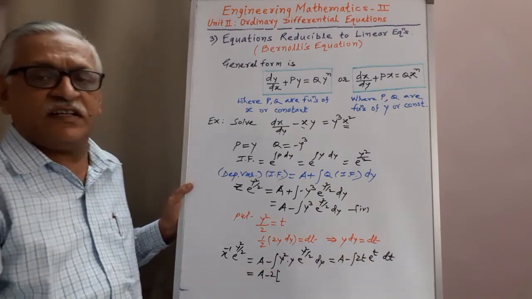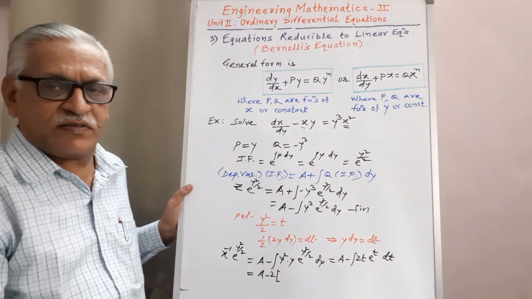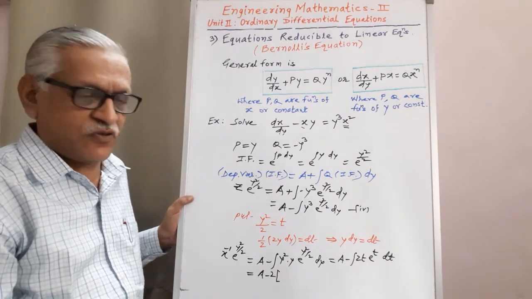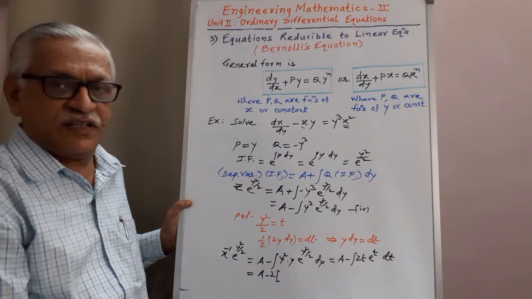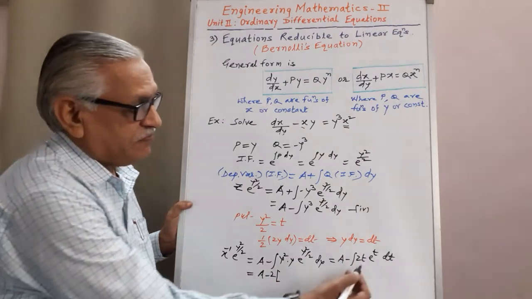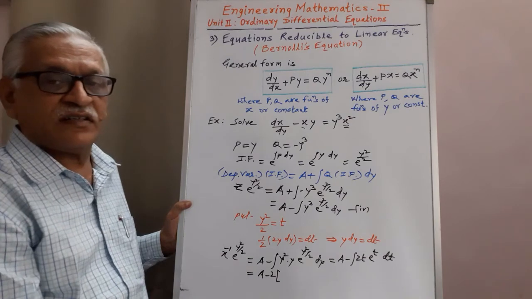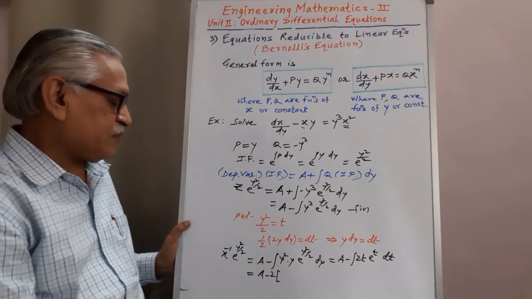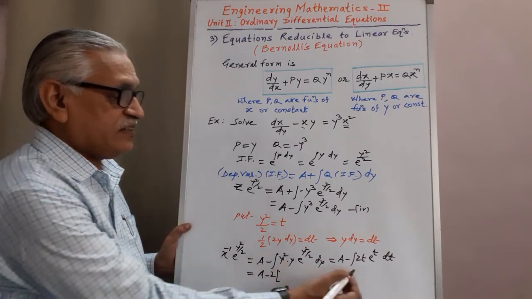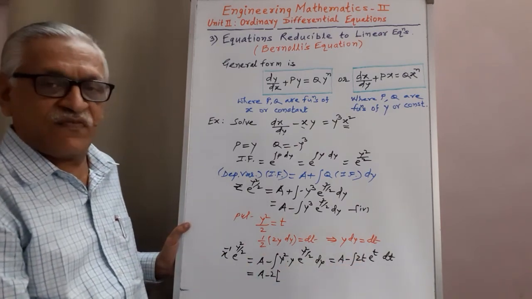integrating that t e raised to t by generalized parts, as it is a product of two terms of t. First term t as it is algebraic, second e raised to t as it is exponential. As per the order LIATE, algebraic comes first.